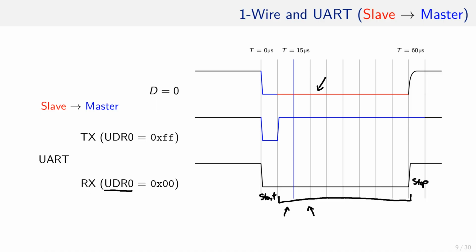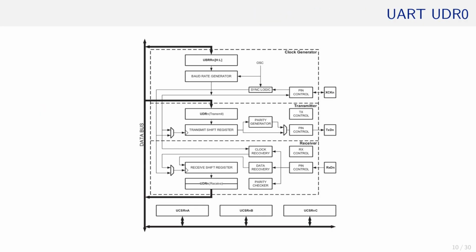As you can see, the data buffer for the TX interface is different from the data buffer of the RX interface, although both of them are called UDR0. The reason is that despite they carry the same designation, both buffers are different.